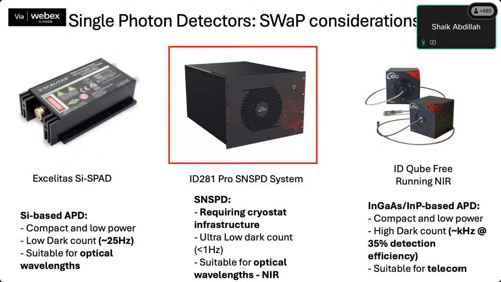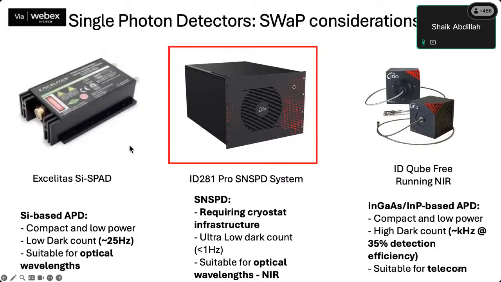Silicon-based APDs are starting to get more mature, so that they can manufacture APDs that have much lower dark count rates, like 25 hertz. The best single photon detectors that we can get are those such as the SNSPD system, like this one from ID Quantique. They are ultra low dark count, fewer than 1 hertz, and they're suitable for a large range of optical and near-infrared wavelengths.